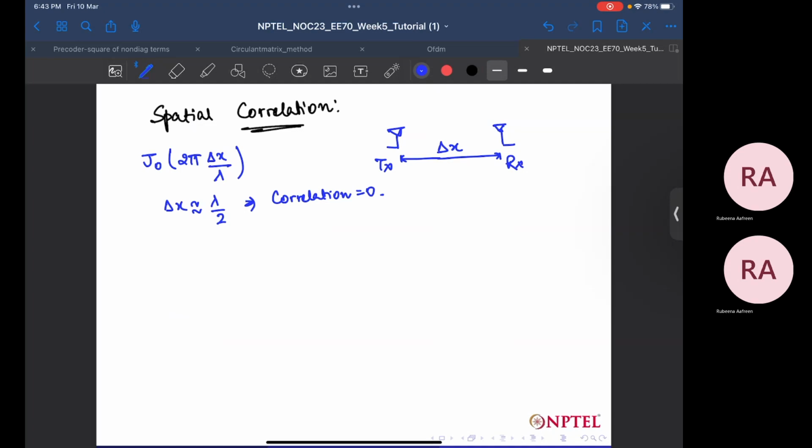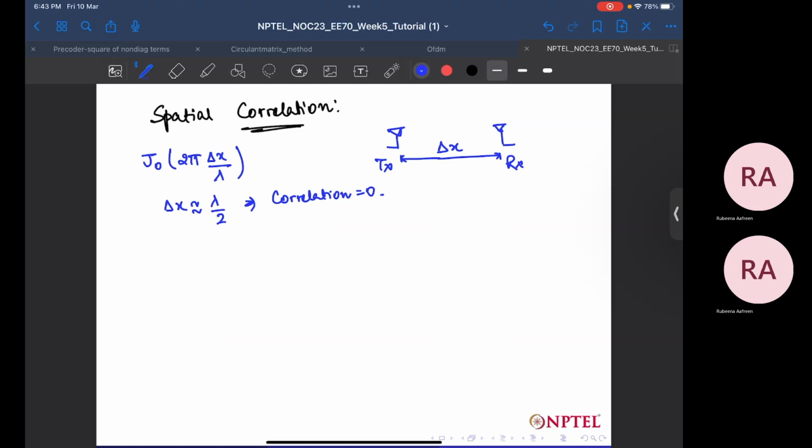Now this concept is used in multiple antenna channels. We will study that, suppose we have a single antenna at the transmitter and a single antenna at the receiver.